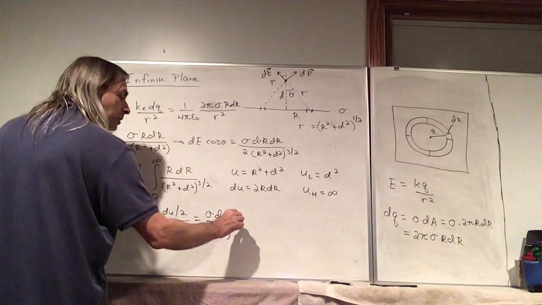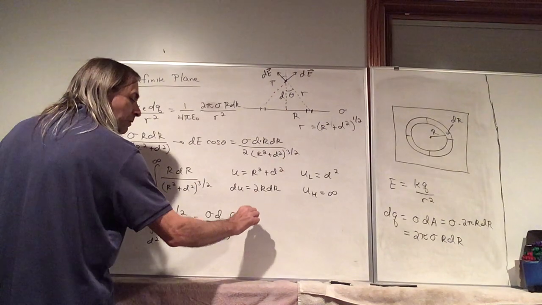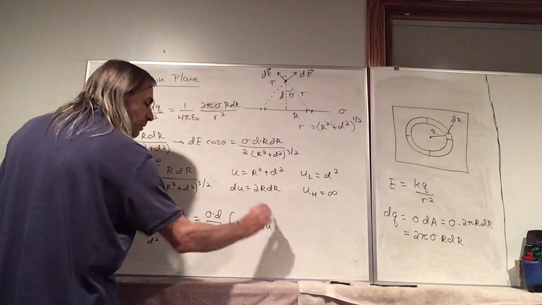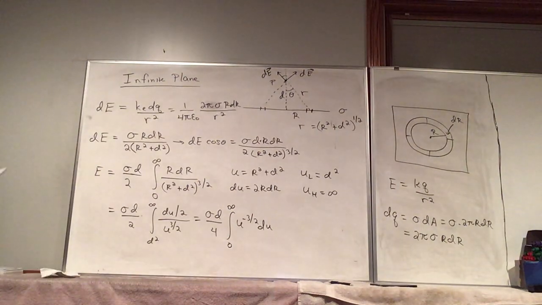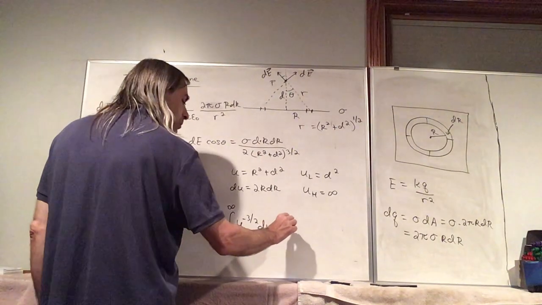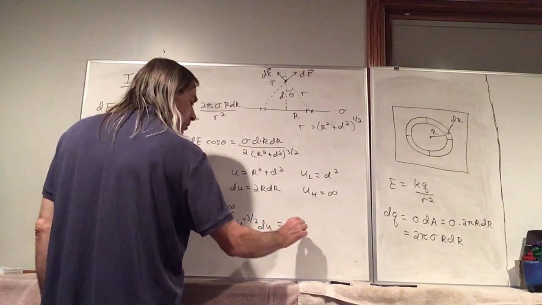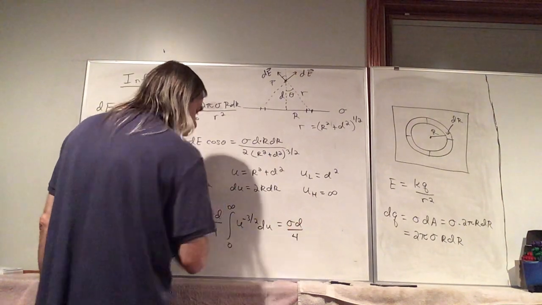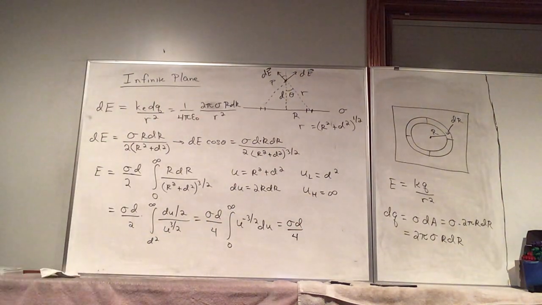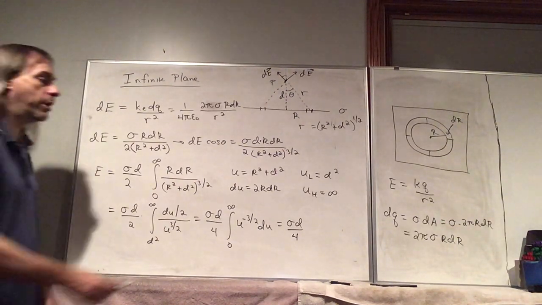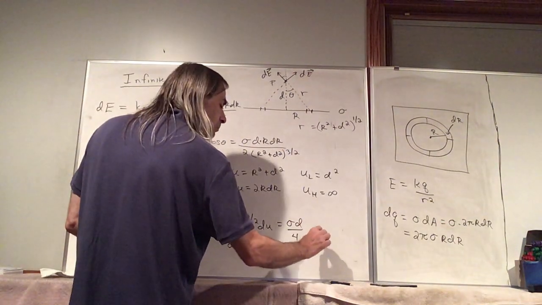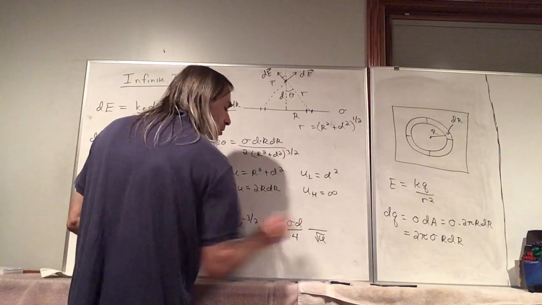And so we have u to the minus 3/2 du from 0 to infinity. So again, the integral of u to the minus 3/2 is u to the minus 1/2, which is 1 over the square root of u.